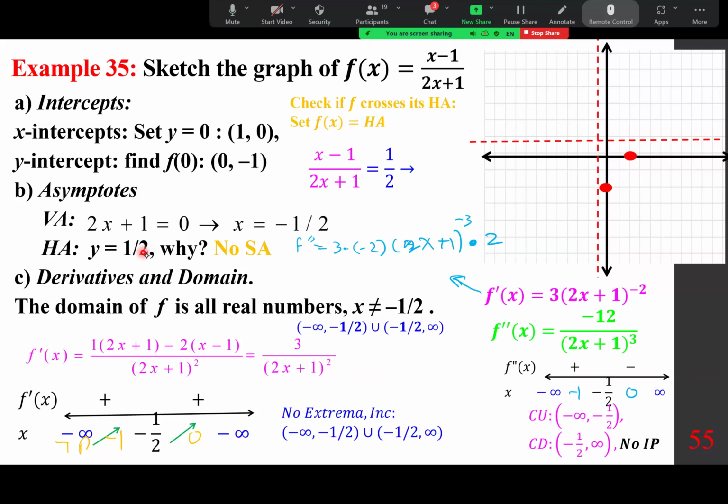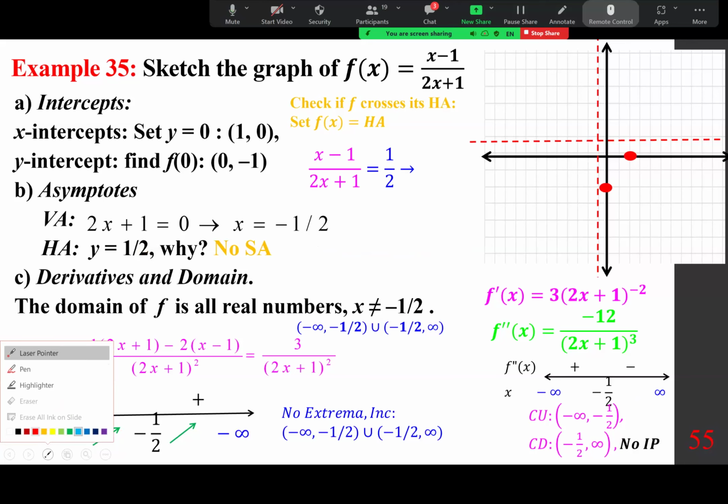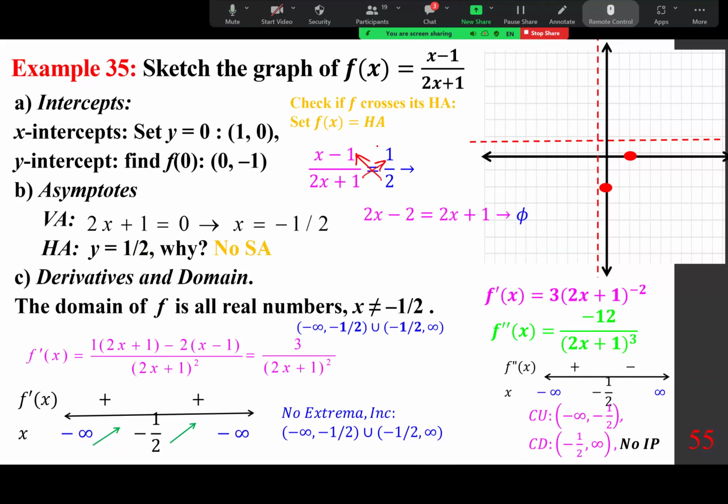So we do the cross product. You multiply these two, you get 2x plus 1. You multiply these two, you get 2x minus 2. And I hope you recognize this means -2 equals plus 1. -2 equals 1, which is impossible, and that has no solutions. This is phi, everybody. Greek letter phi, which represents no solution.